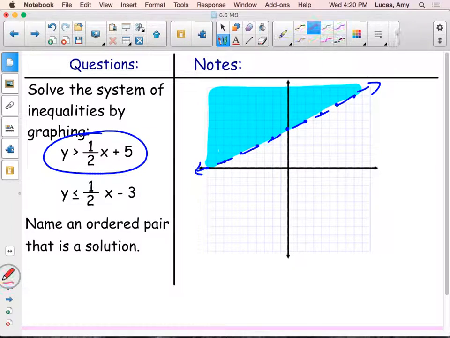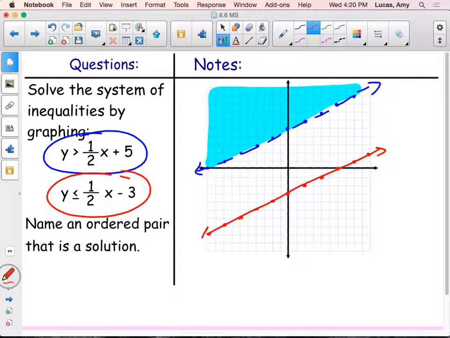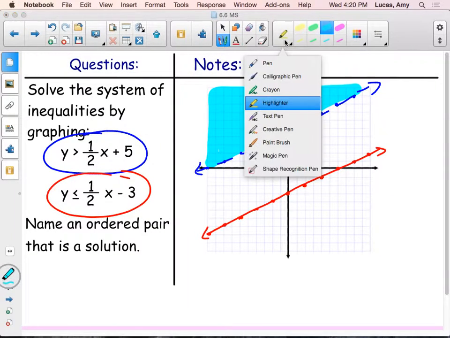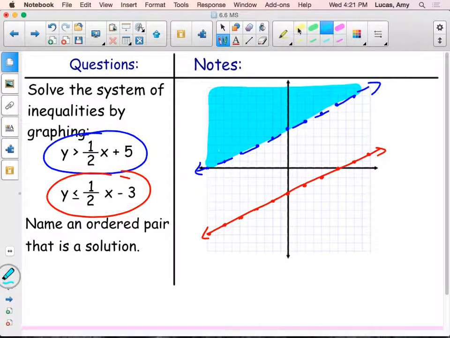Then my second one starts at -3, and it also goes up 1 over 2, so it's parallel to my first line. It's a solid line this time, and it's less than or equal to, so that means that it's shaded below the line like this.